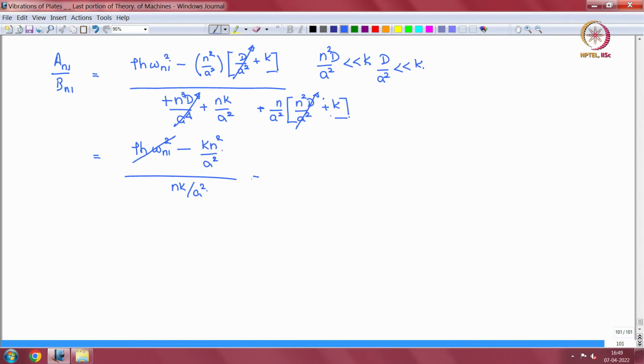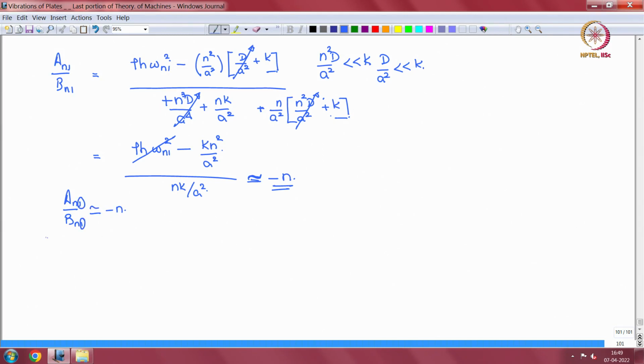So this now ends up as minus n approximately after all the approximations. Okay. So a n1 by b n1 is approximately minus n for the first set of natural frequencies.